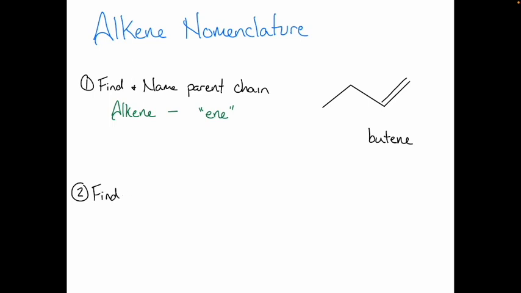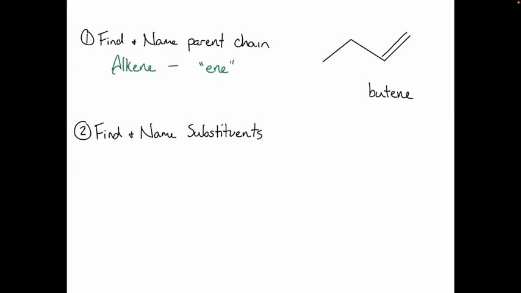Then we're going to find and name any substituents. This molecule doesn't have any. So now we're going to number our parent chain.